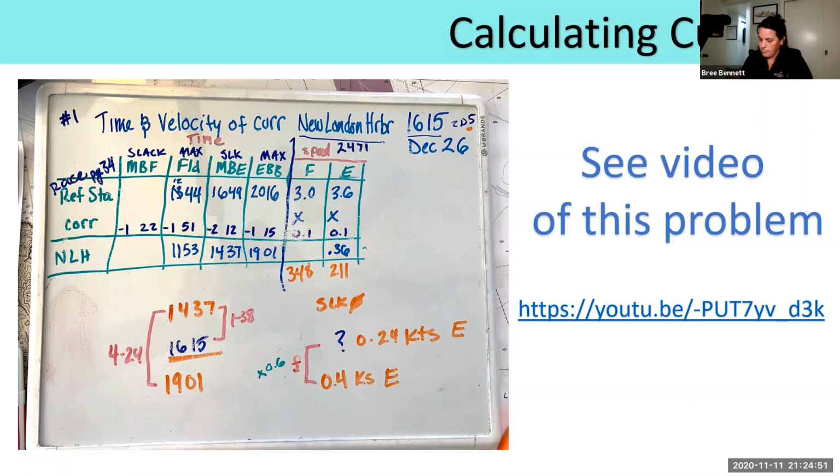So let me show you in the book here. What they have is the duration of slack. So you have this window of time of when the slack is going to be less than 0.2 or 0.1.